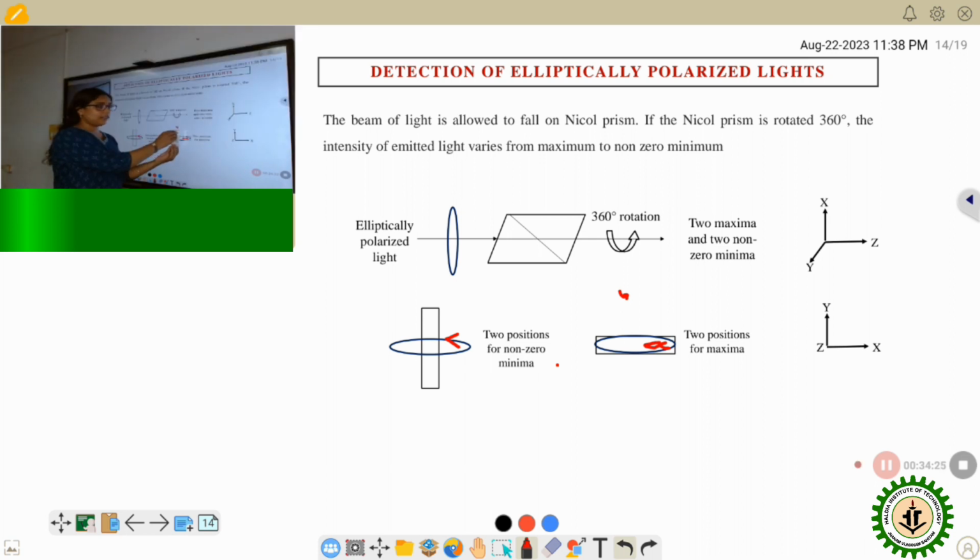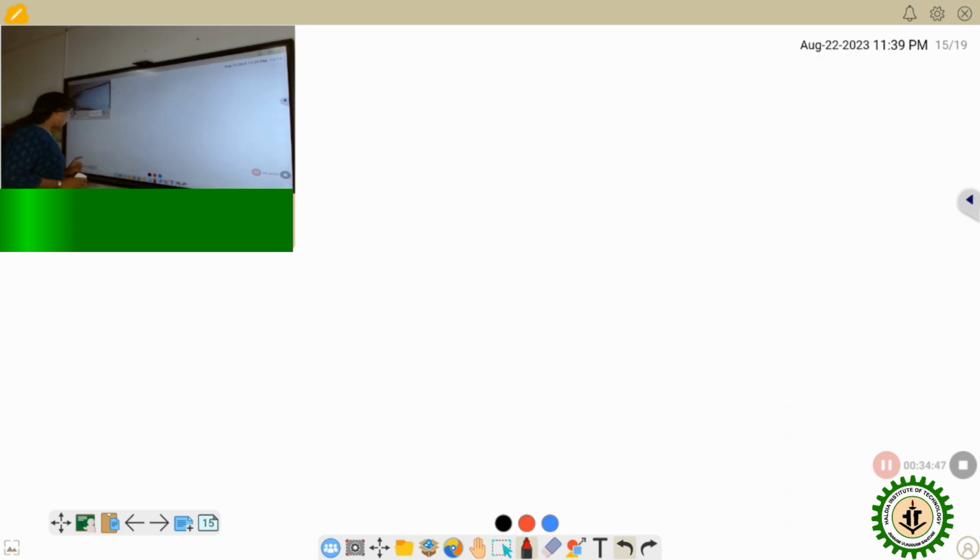Rotated by another 90 degrees, we again get a non-zero minimum. So for a full 360-degree rotation, we get two positions for maximum intensity and two positions for non-zero minimum intensity in case of elliptically polarized light. Okay. What happens for circularly polarized light?